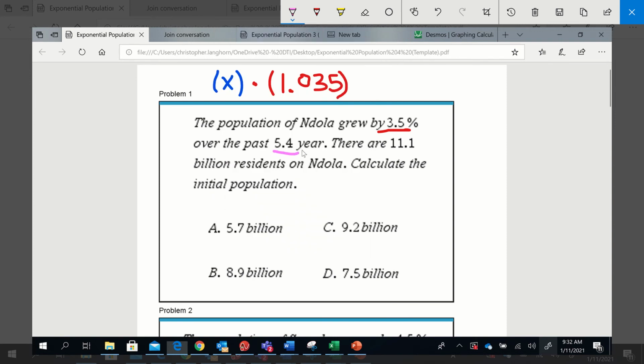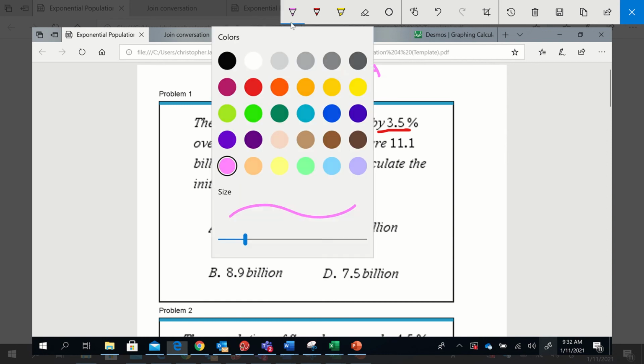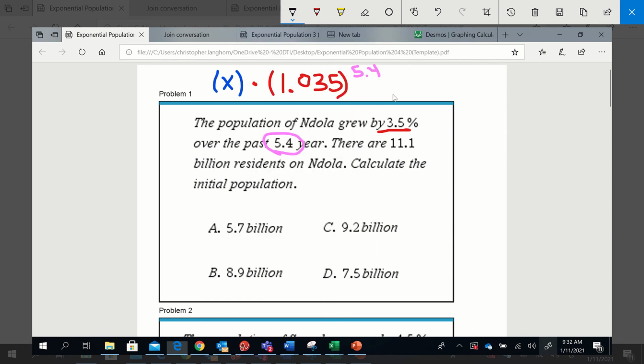So that power, this is our time, and we're doing that for 5.4 years. And that whole thing, we know that whole thing is equal to 11.1. So this thing here.